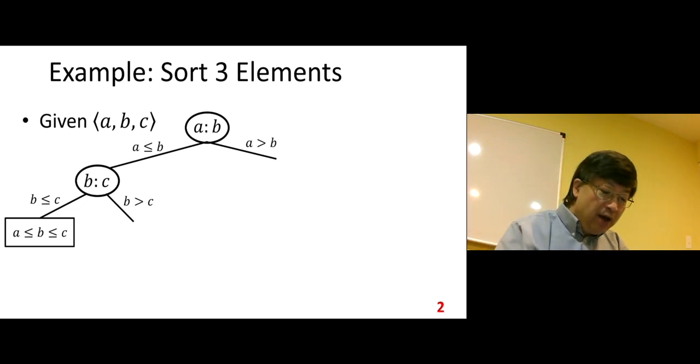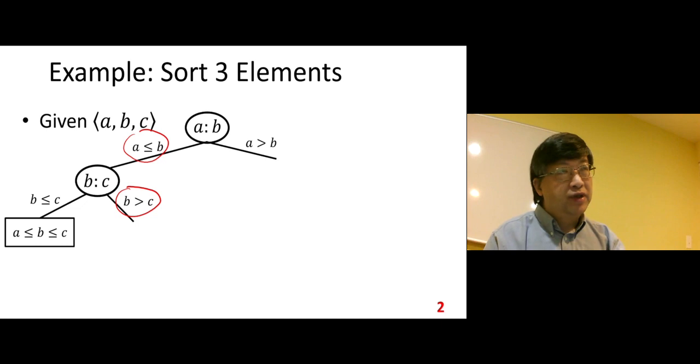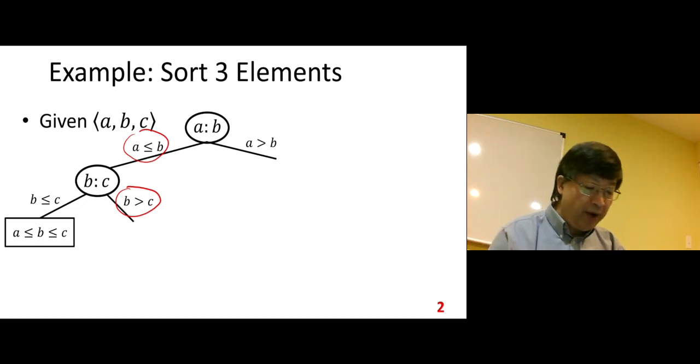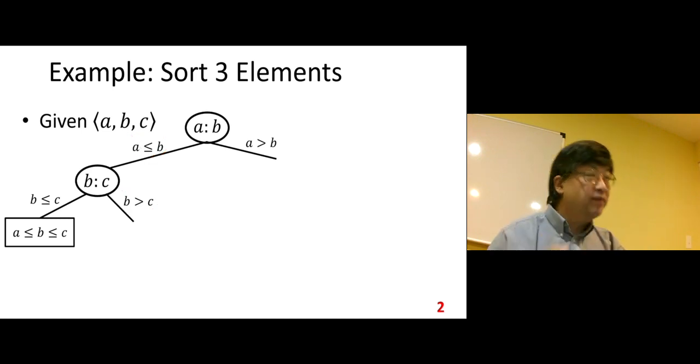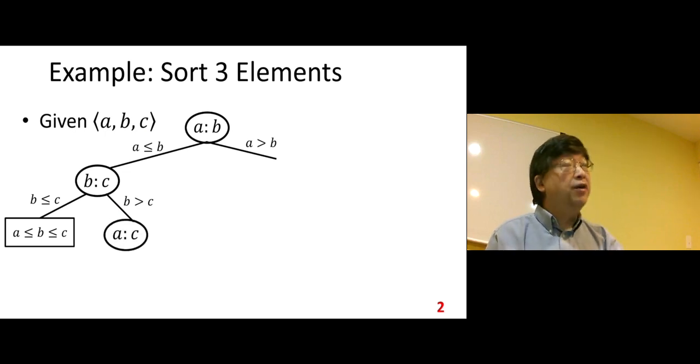All right. Then for the other branch, B greater than C, with B greater or equal to A, still we do not have enough information to sort the whole array. So we need to compare A and C. So we need another internal node, A and C comparison.